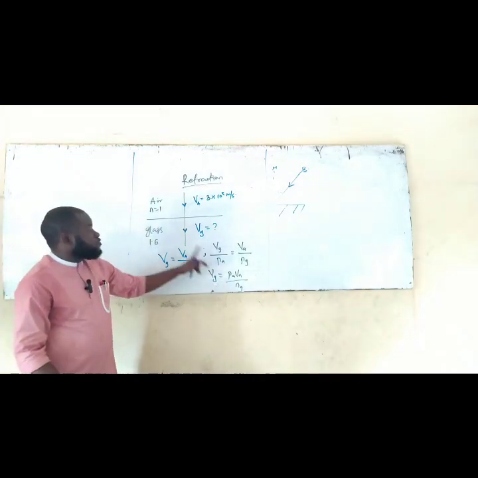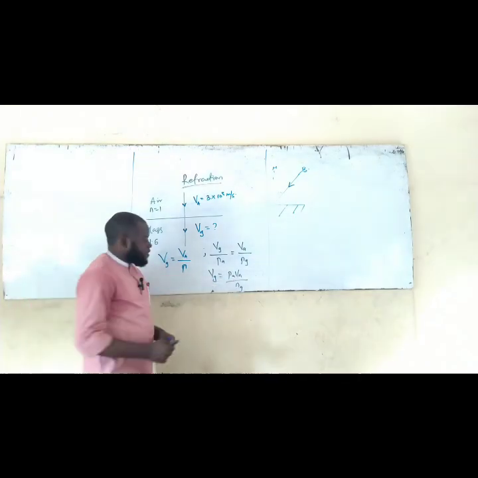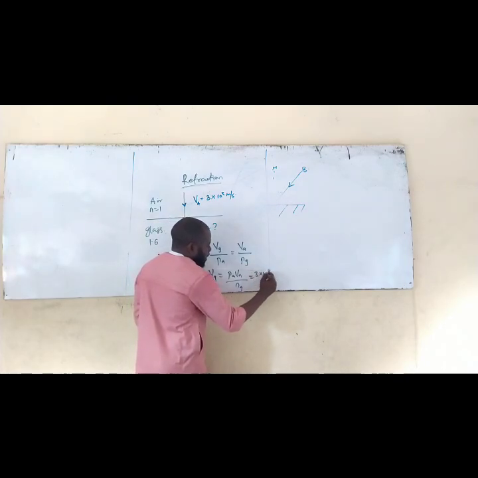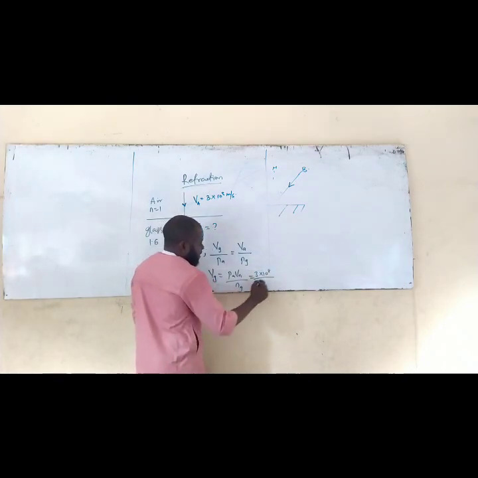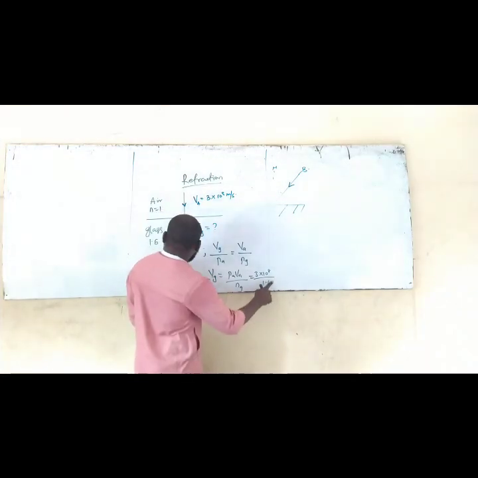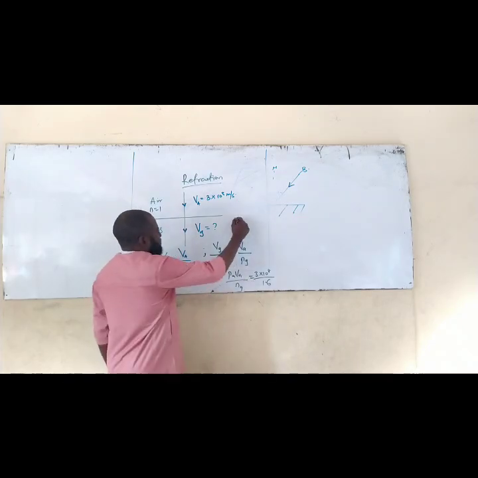Since the refractive index is 1, then the velocity of light in glass is going to be 3 times 10 raised to power 8 divided by the refractive index of glass 1.5. Sorry, 1.6. Okay. So 3 divided by 1.6, what do you have?